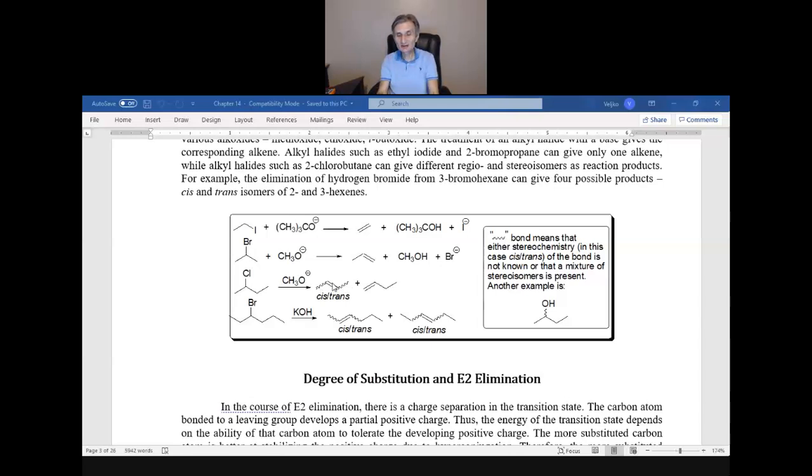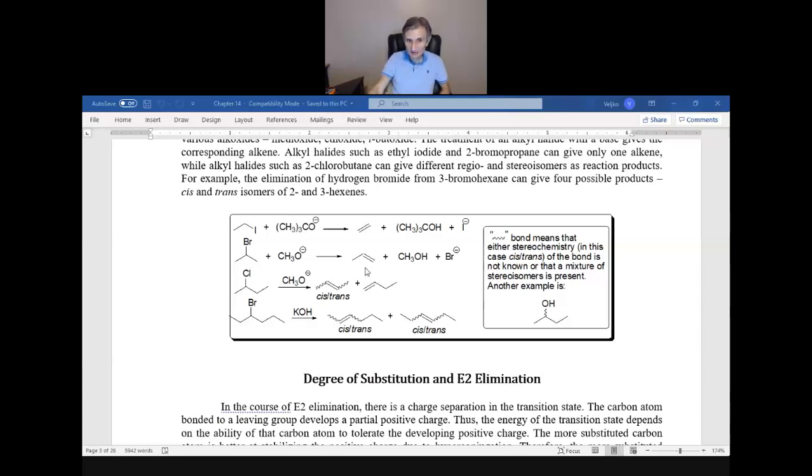We may have only one, there is a reaction, and only one stereoisomer of 2-butene is formed, but we don't know which one. So we don't want to guess, and so we will use wavy lines. That's a little bit unfortunate that the same convention is used both when we don't know stereochemistry and when we know that we have a mixture. But that's the convention. And from the context, you usually know what is the case, whether we don't know or whether we have a mixture.